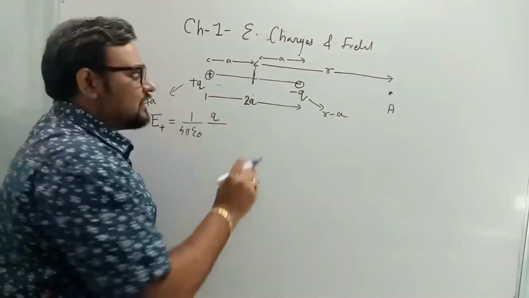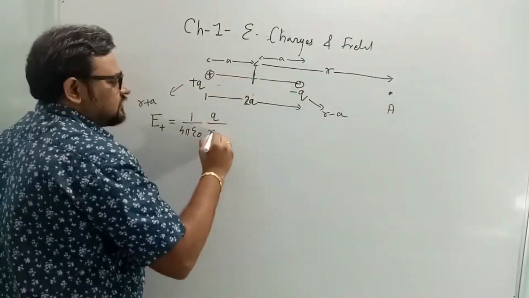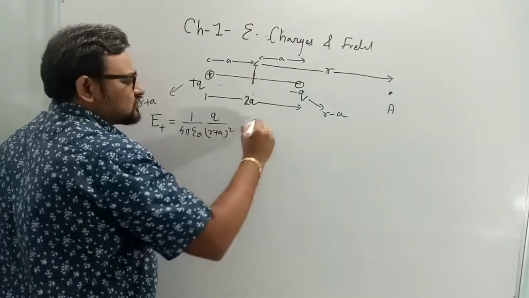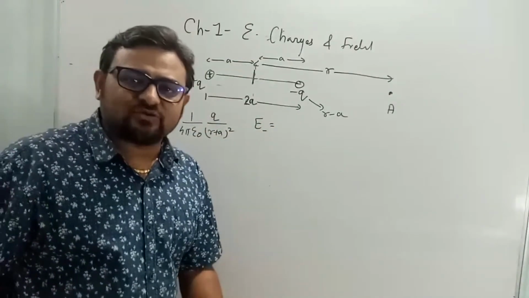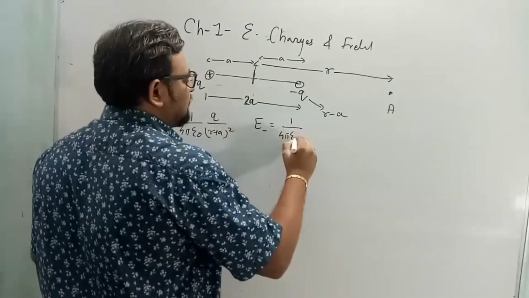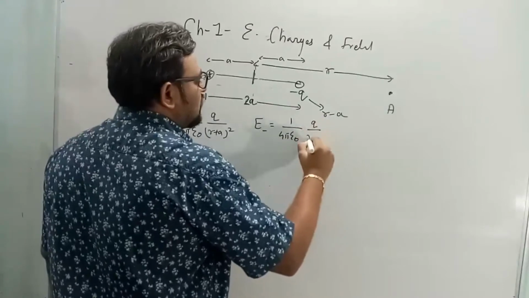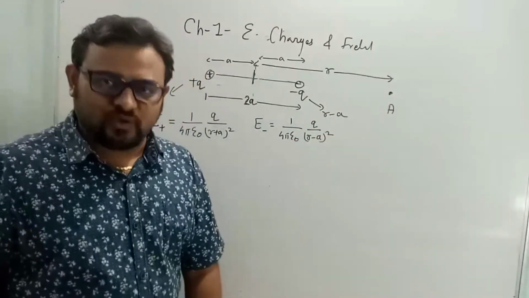Now what is r? Don't take this out. It is r plus a whole square. And the electric field due to negative charge is 1 by 4 pi epsilon 0 q upon r minus a whole square.